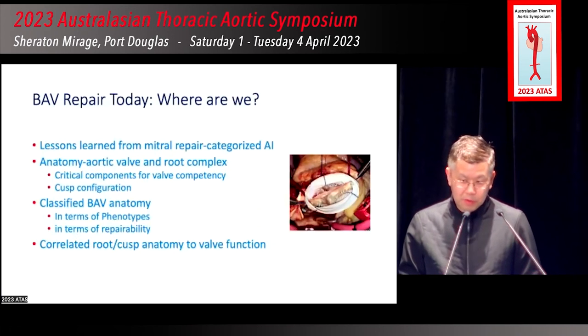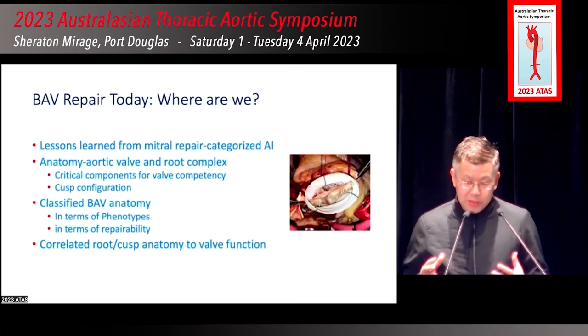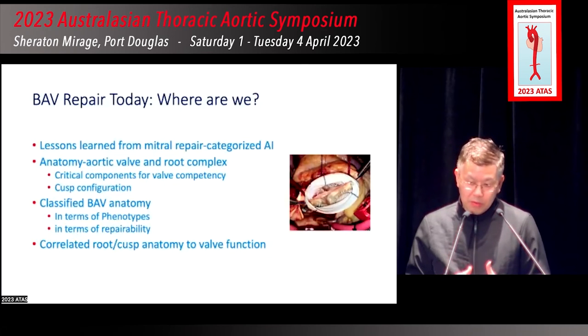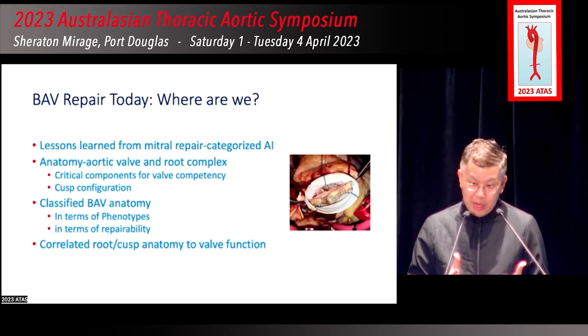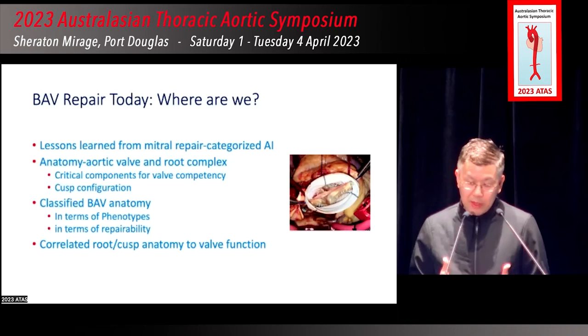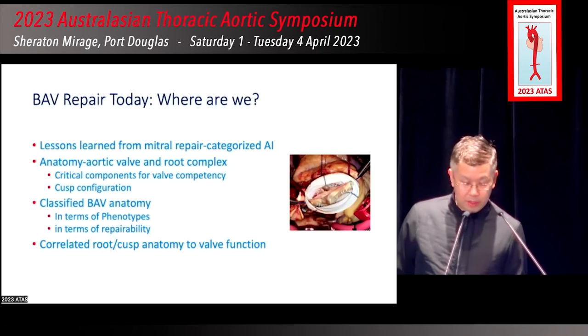So where are we today? Well, over the last 2 to 3 decades, we've taken lessons from mitral valve repair and categorized AI. We've understood better the anatomy of the aortic valve and the root complex and the critical components that are needed for valve competency.